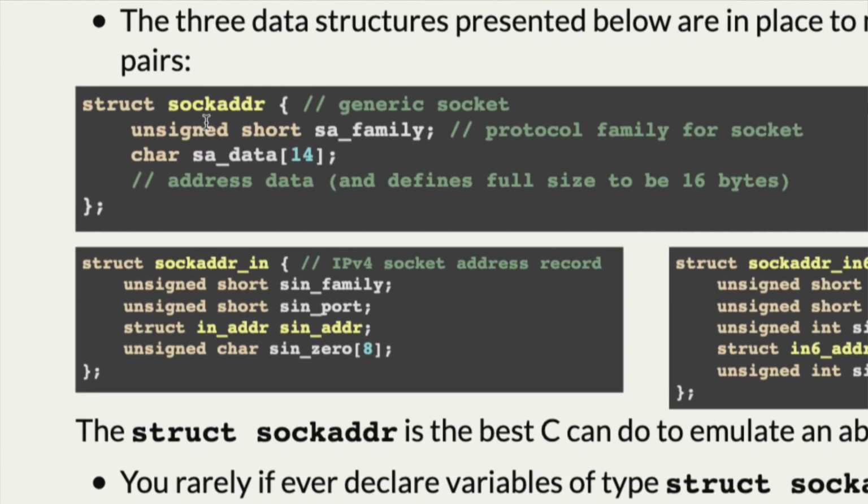This is kind of like an abstract class in Java, where you've got this definition that you will never actually use. It's just there so that other things that inherit from it can be used. So you will rarely ever do an actual struct sockaddr. You'll do the one you want for the particular socket you're trying to create.